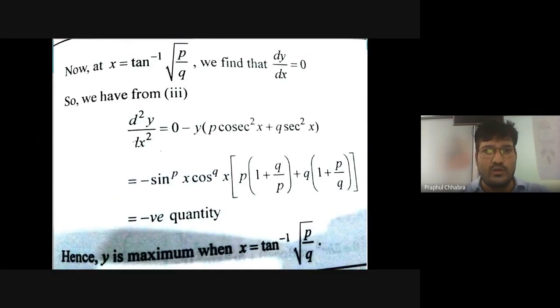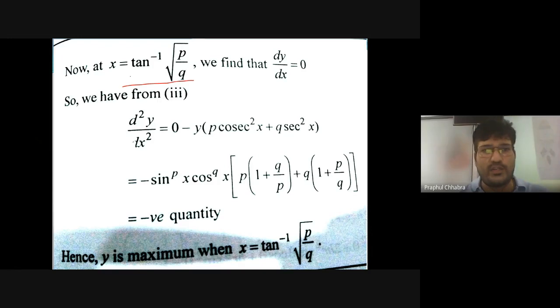Now we have to put one by one these all stationary points in the second order derivative and find which is maxima and which is minima. But in the question we have to prove that x is equal to tan inverse under root p upon q is maxima. So we are taking only this point. We are ignoring the remaining stationary points.